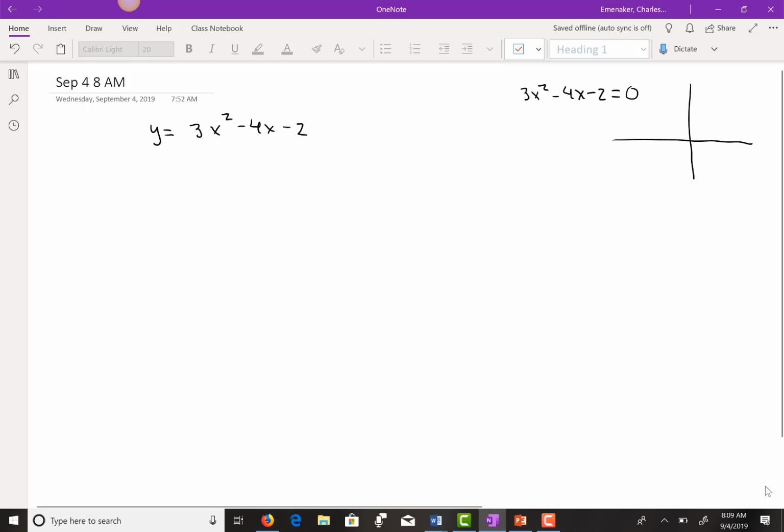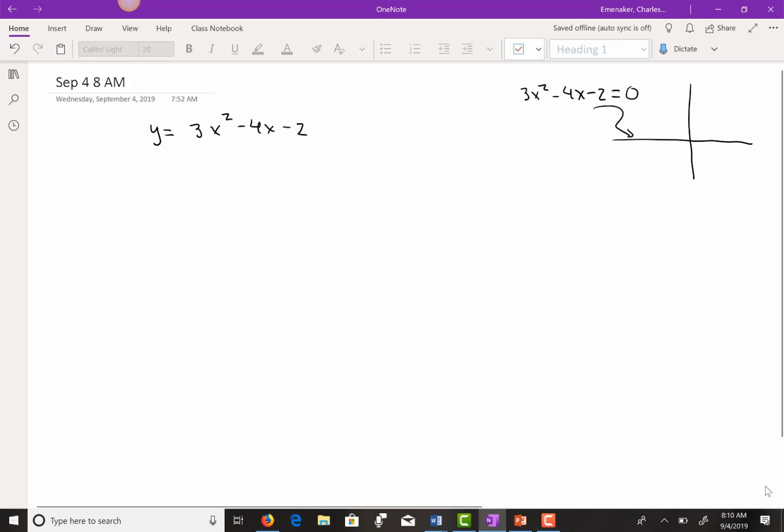If the y value is 0, are we above the x-axis, below the x-axis, or on the x-axis? Well, if the y value is 0, can we be up any? Can we be down any? So if the y value is 0, that means we are looking for values that are on the x-axis. Does that make sense? So the purpose of setting a function equal to 0 is to find where that function intersects the x-axis.